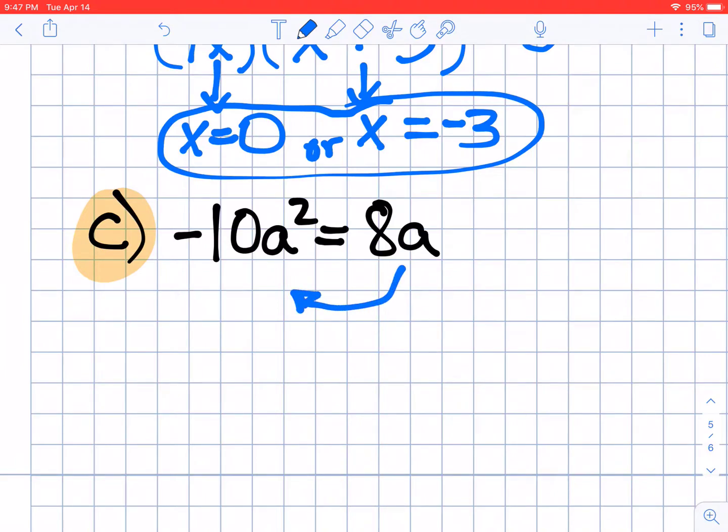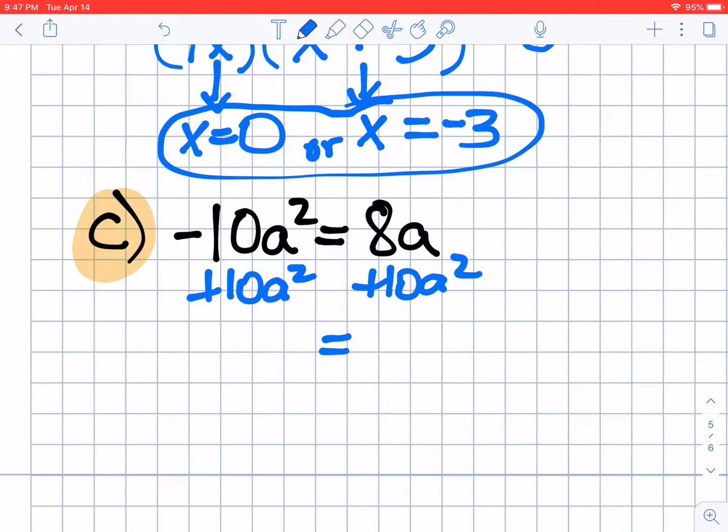I could move the 8a there, or I could move the -10a squared to there. Since it's easier to work with positive numbers, hopefully you see that adding 10a squared to both sides will give us positive numbers, and that's what we like. It makes it just a little bit easier to solve when there's more positives than negatives. All right, so here we got my magical 0.